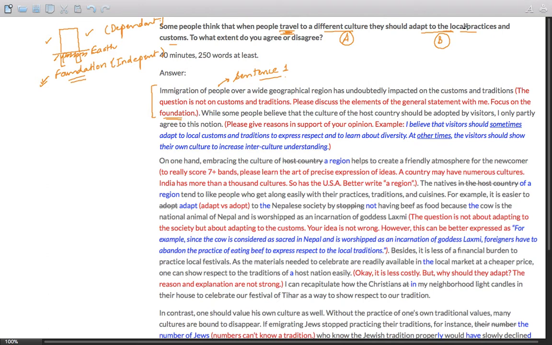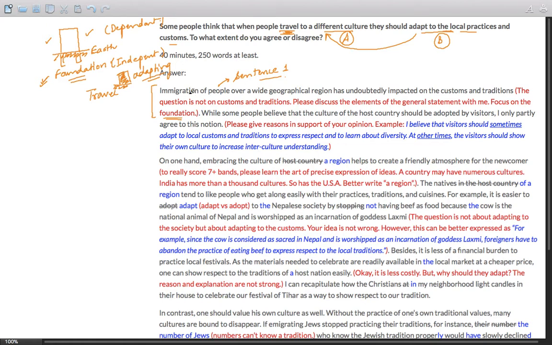Travel is not dependent on culture and local practices, but adapting to the local practices depends on travel. So at the foundation is travel, and the remaining structure, the superstructure, as it is called, is the adapting of local customs and traditions.